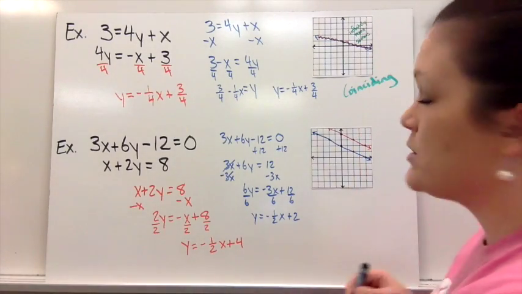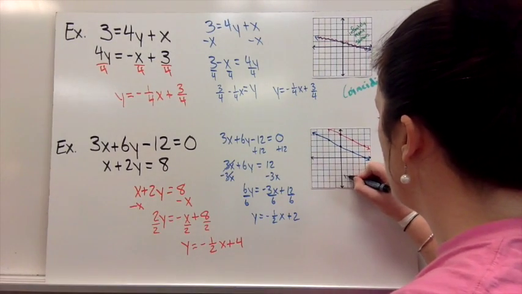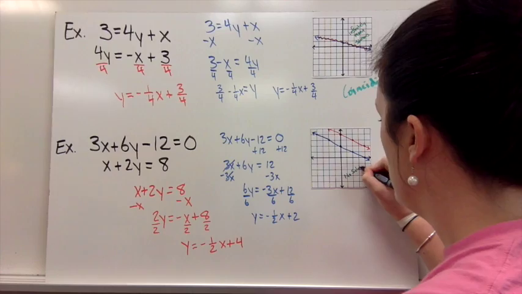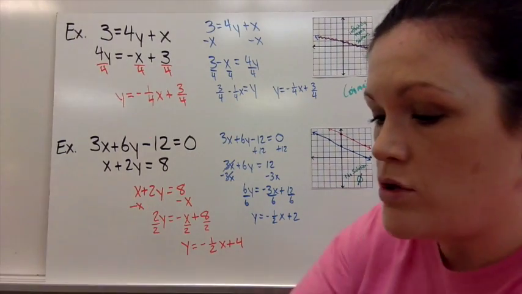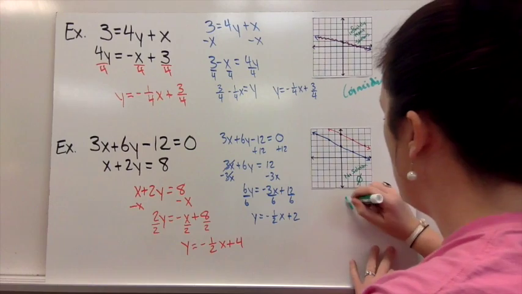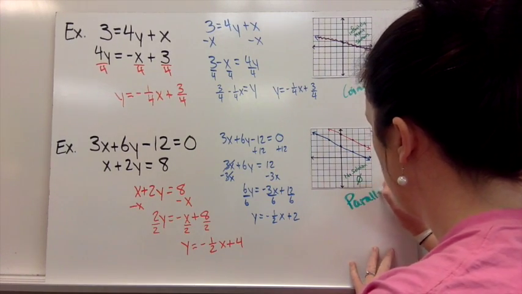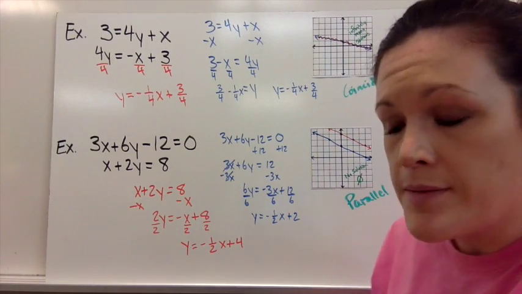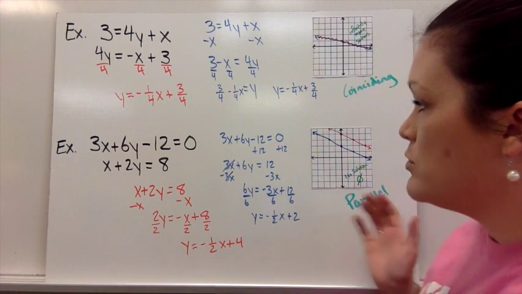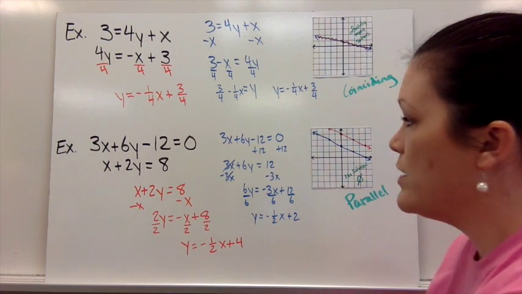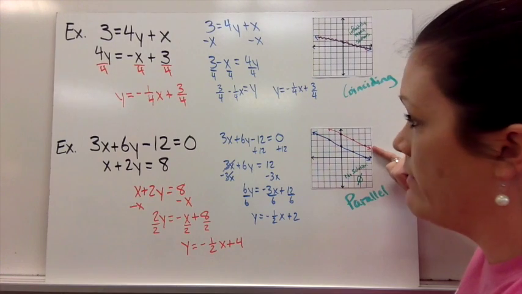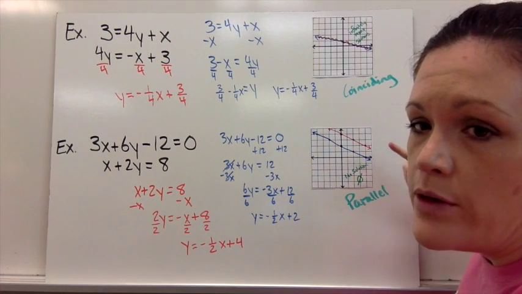So these lines are parallel and they have no solution. We can also represent that with a big 0 with a slash through it. So no solution. And they are parallel. Those two things go hand in hand. And so there's no solution we could check. In other words, no x or y would work with both equations because there's no point they have in common and no point where they will touch.